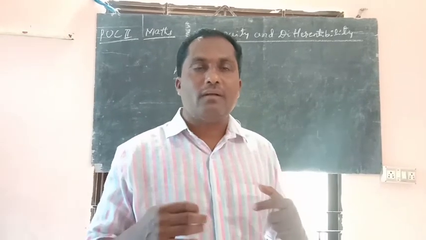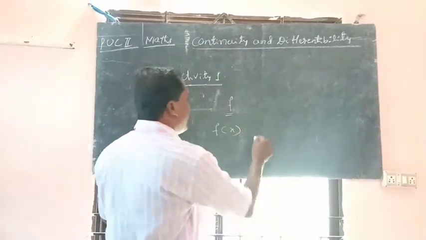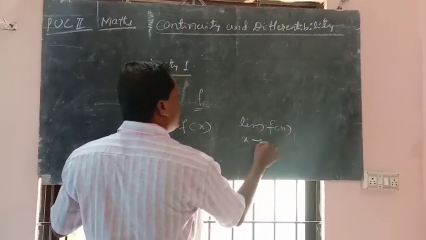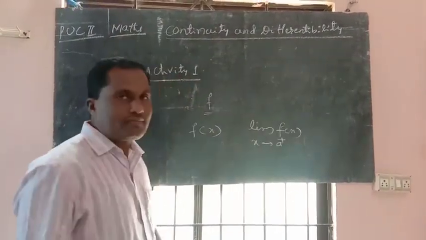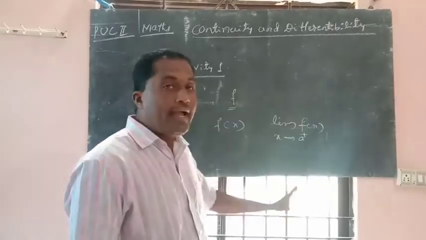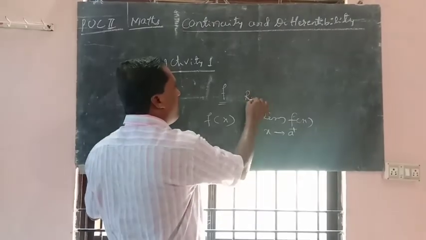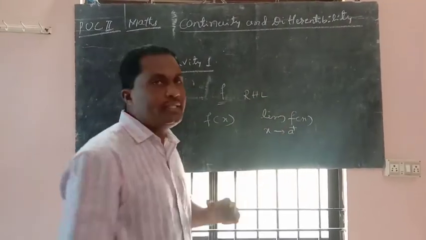We know limits from PUC first year. So I write limit f of x as x tends to a plus. This is called the right hand limit, simply called RHL.